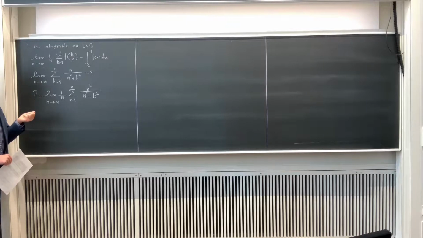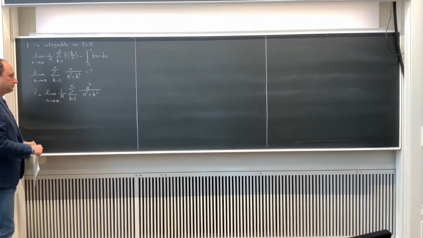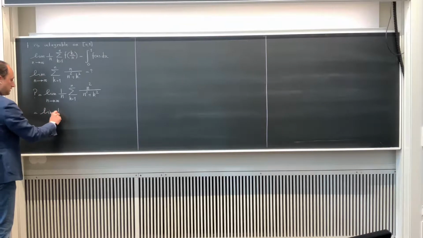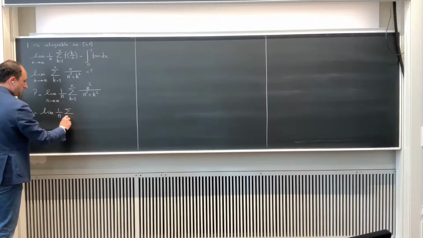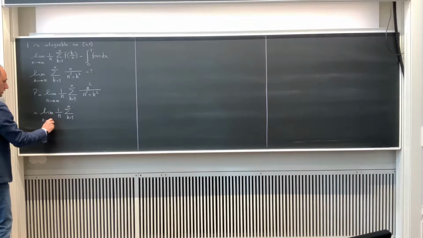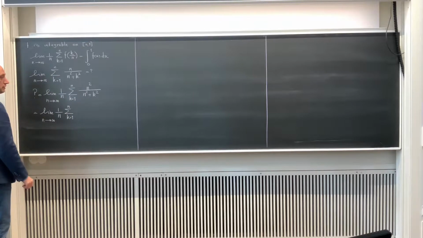So can you tell me what to do so that you can see k over n there? What can I do? You want to have the combination of k over n. Any suggestions?